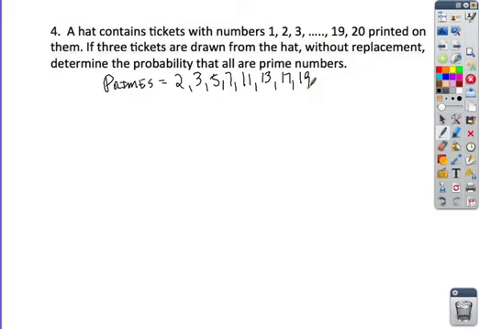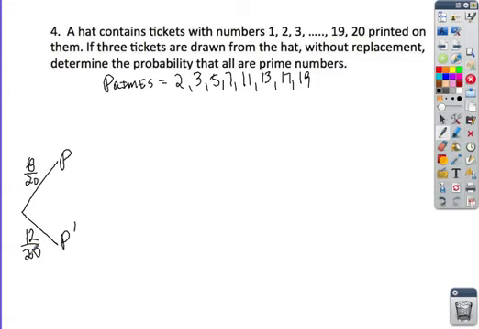And the way I'll set the tree diagram up for this problem is, the two possibilities when you pick a ticket from the hat is you could either pick a prime or not prime number. These are the only two scenarios that we're interested in. And the probability of picking a prime is 8 out of 20. The probability of picking a non-prime then has to be 12 out of 20.